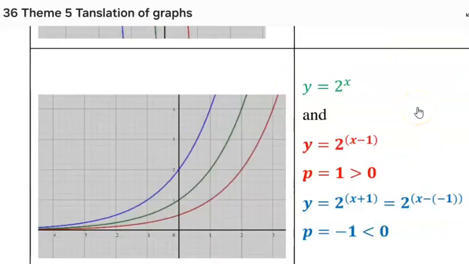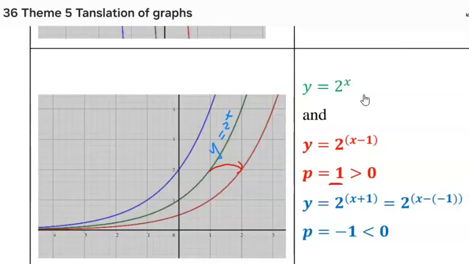Then for the exponential functions, y equal to 2 to the x is again our center function here, and then 2 to the x minus 1 will again shift 1 unit to the right because it's minus p, which is positive.